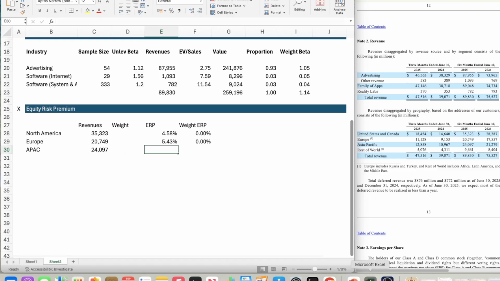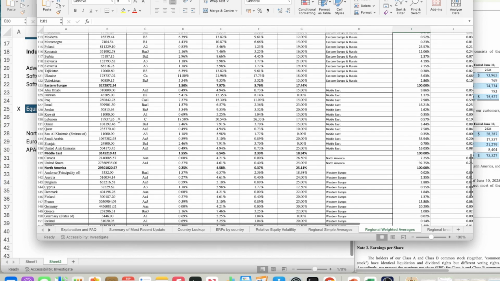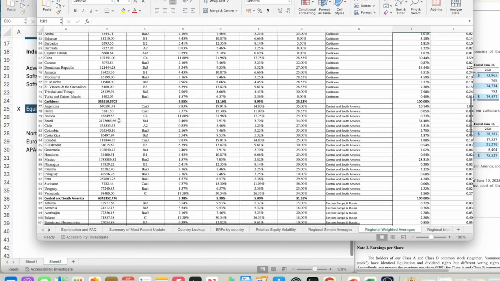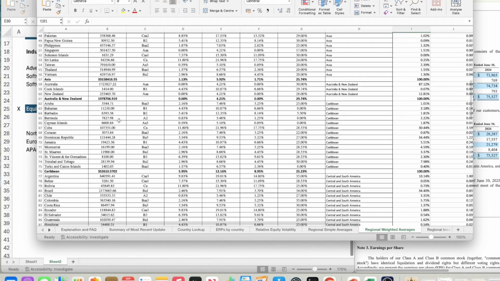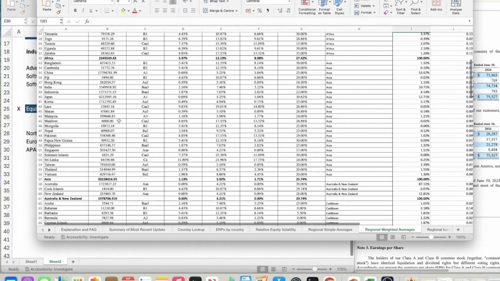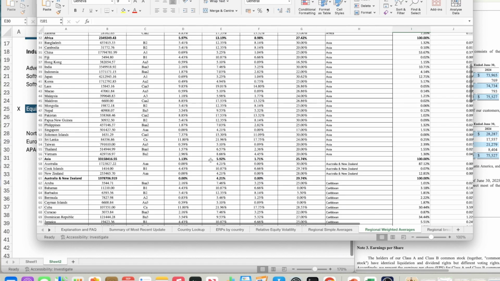So where's that? What do I want to look at? Okay. So APAC, emerging markets, 7%. I think I will go with this 5.92 figure.